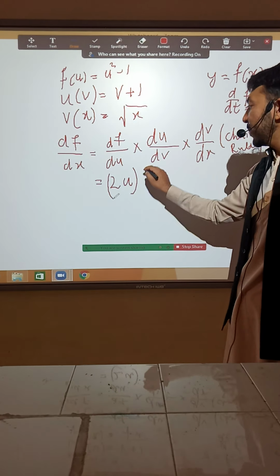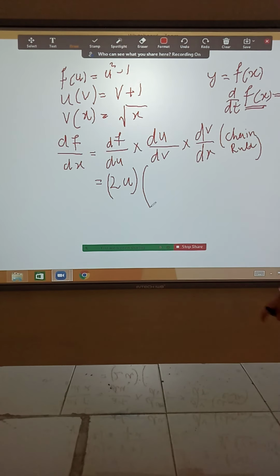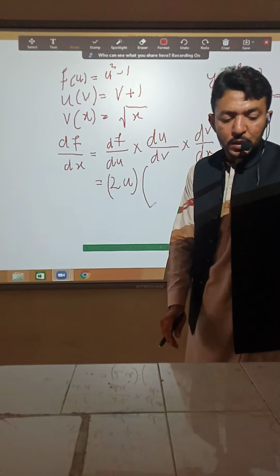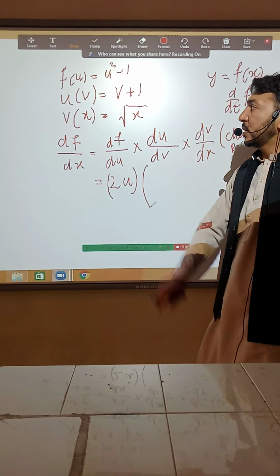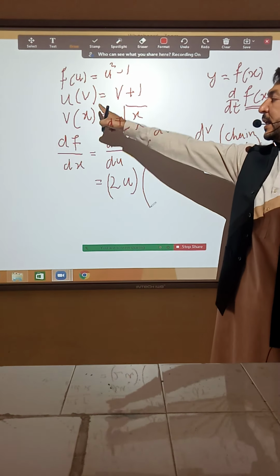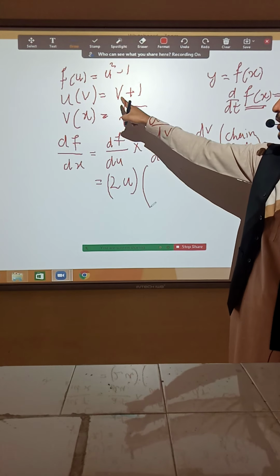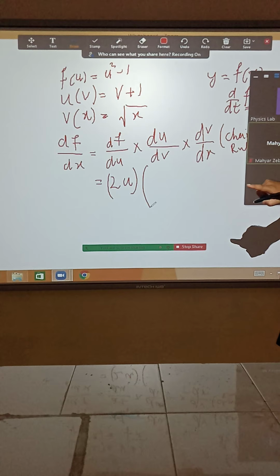Then multiplied by du by dv, because u is dependent on v. So here we will use the sum rule, and the sum rule is the derivative d by dv will apply on v, and then the derivative will apply on 1.